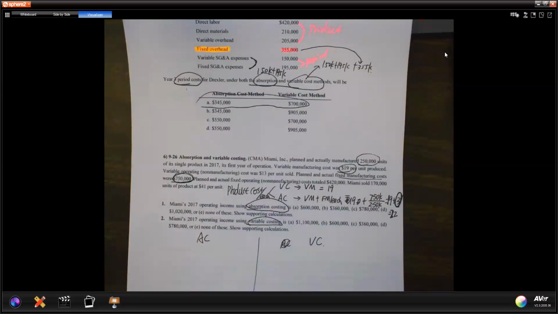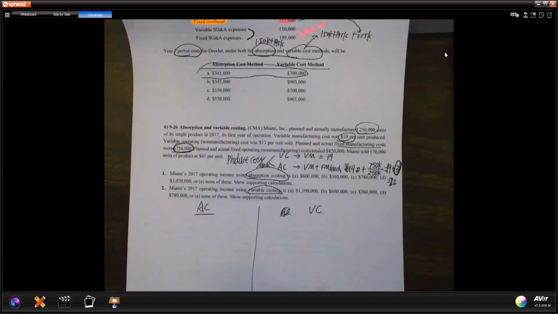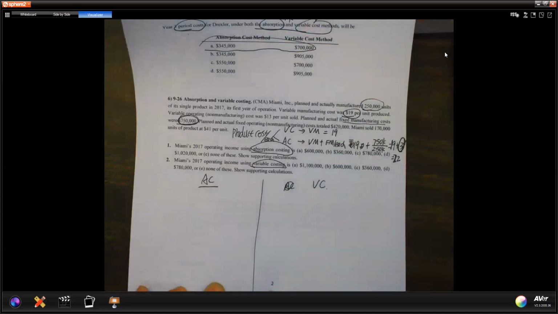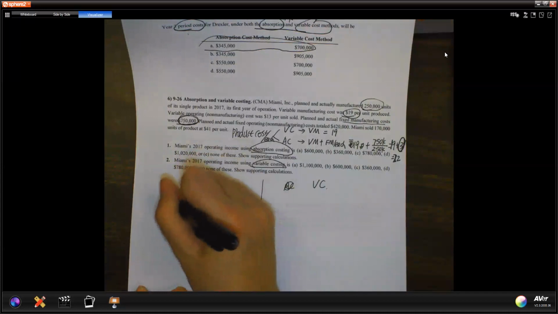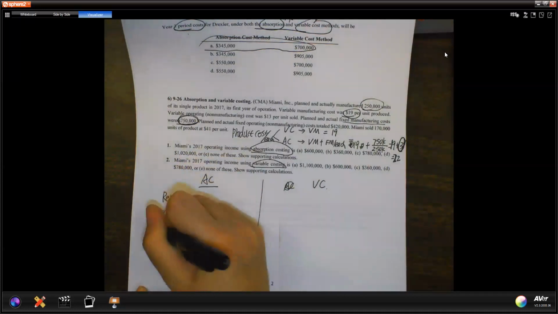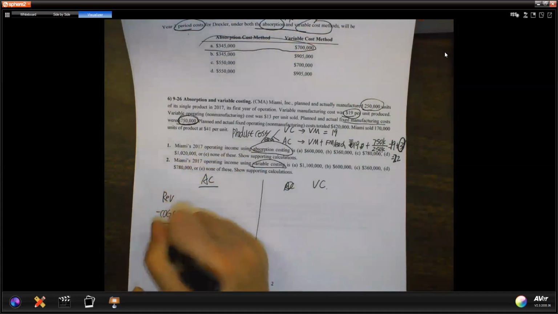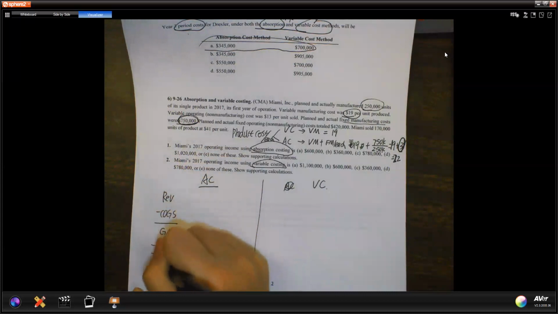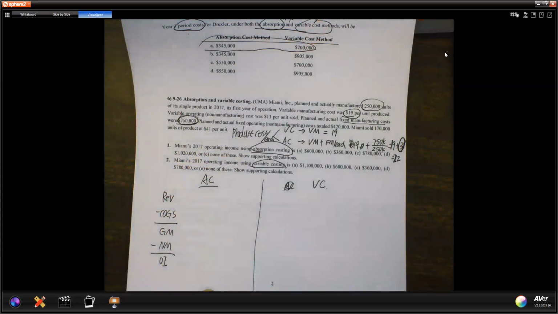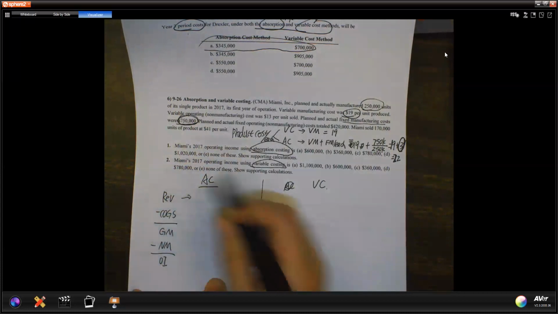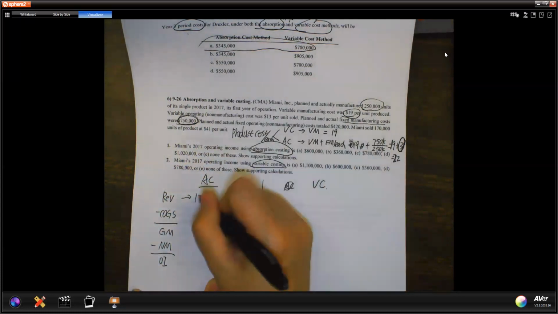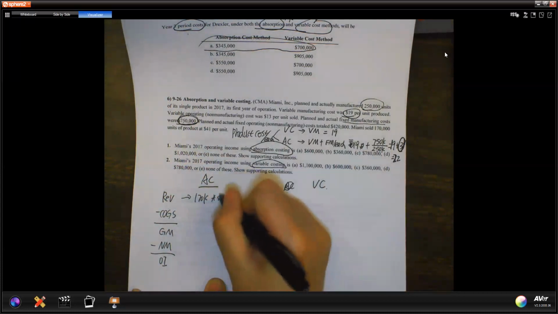Now let's do our income statement. Under absorption costing, we always write down the formula: revenue minus cost of goods sold gives us gross margin, minus non-manufacturing costs gives us operating income. Our revenue is 170,000 units sold at $41 each.